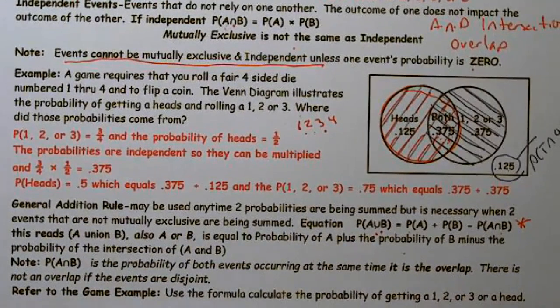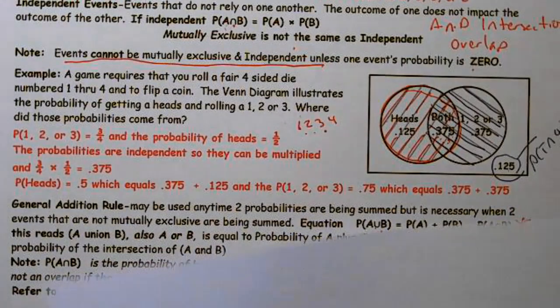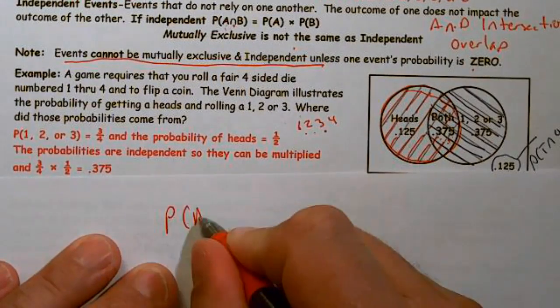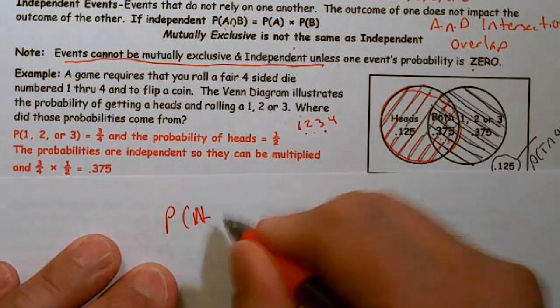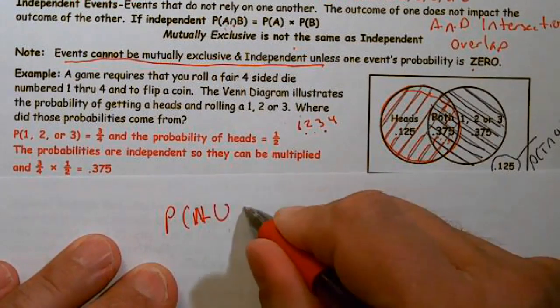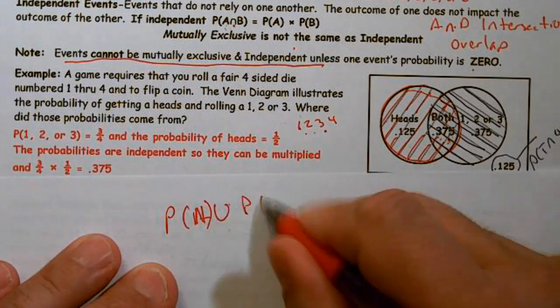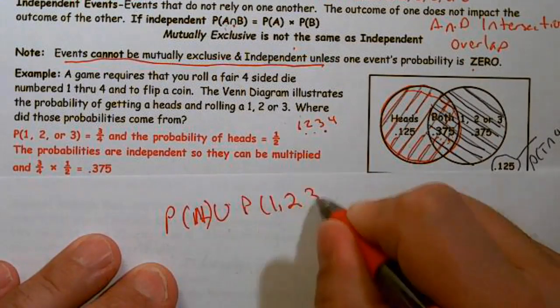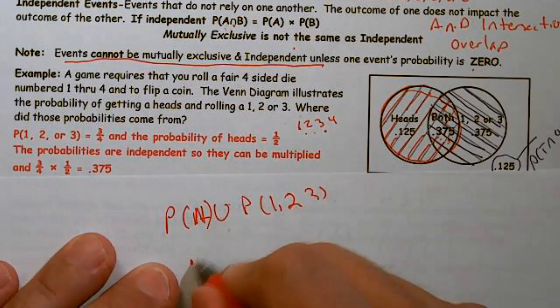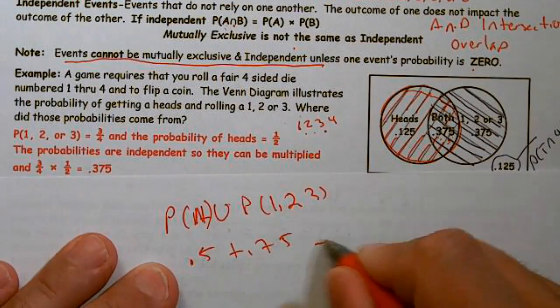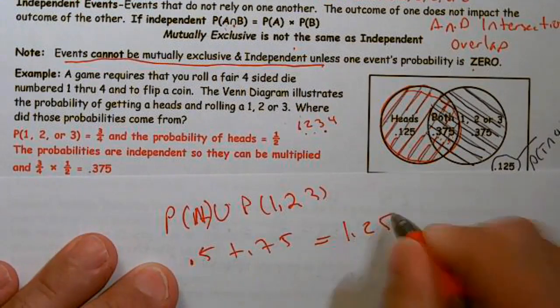The reason we have to subtract is, if we add it up, what's the probability of getting a heads union the probability of getting a 1, 2, or 3? Well, if I added a heads, I have 0.5, plus 0.75, and that's greater than 1.